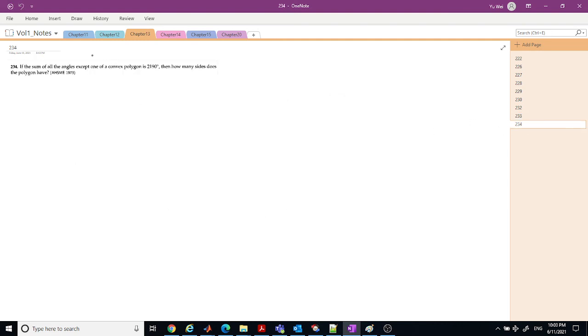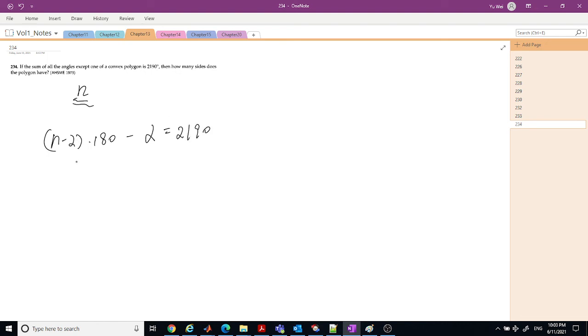Problem 234. If the sum of all the angles except one of a convex polygon is 2190, how many sides? Let's say it's n sides. So n minus 2 times 180, minus one angle alpha, is equal to 2190.